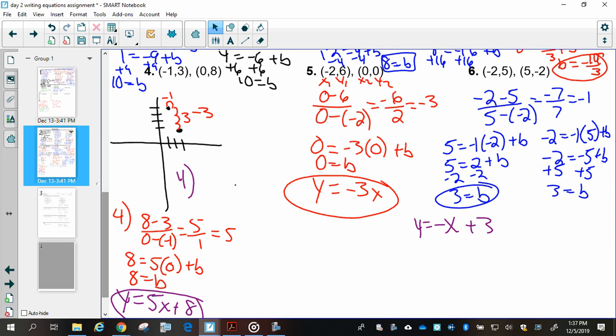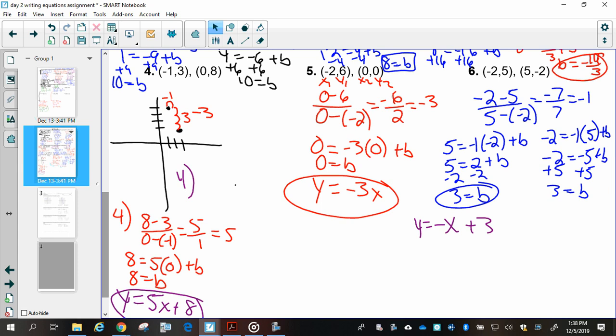For number 5, after you found your slope, you should have found that it was negative 3. I used the 0, 0, and when I put those in, I found that 0 was your y-intercept. You can also tell that if you remember anything about x and y-intercepts, it's 0, 0, so y has to be 0. So your equation here was y equals negative 3x, or y equals negative 3x plus 0.